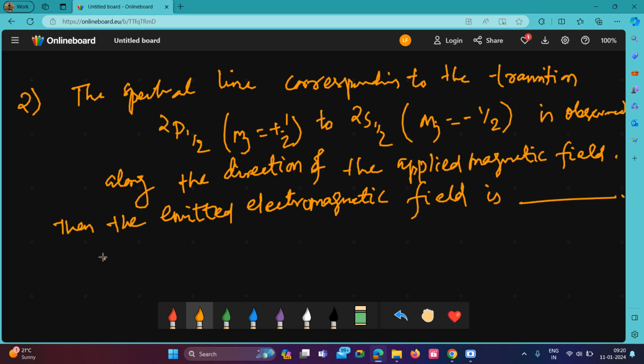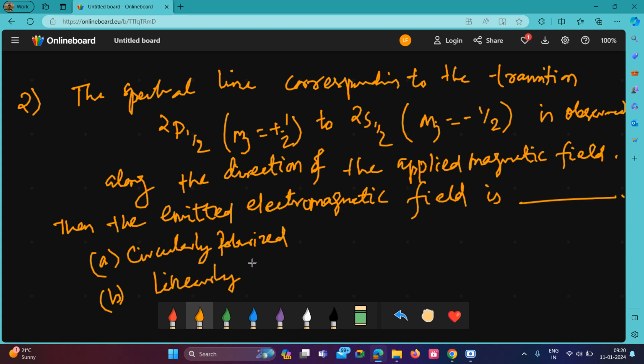The options are: option A, circularly polarized; option B, linearly polarized; option C, unpolarized; option D, not emitted along the magnetic field.